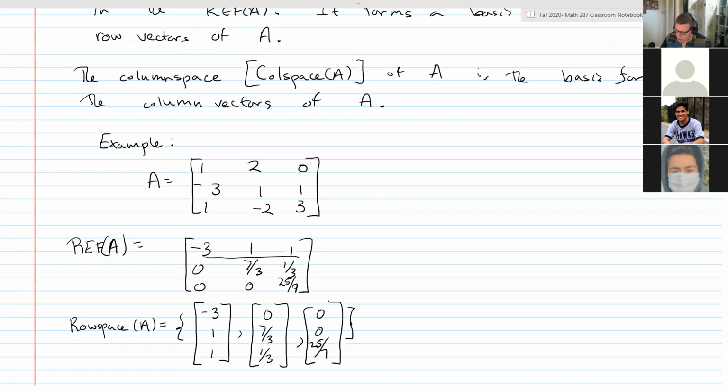So we've got a couple of ways to actually make that determination. So the answer is yes. This set of vectors ends up being linearly independent. And how we know that is because in a row reduction, REF of A, if you imagine what's going to happen, our REF of A will row reduce down to the identity.